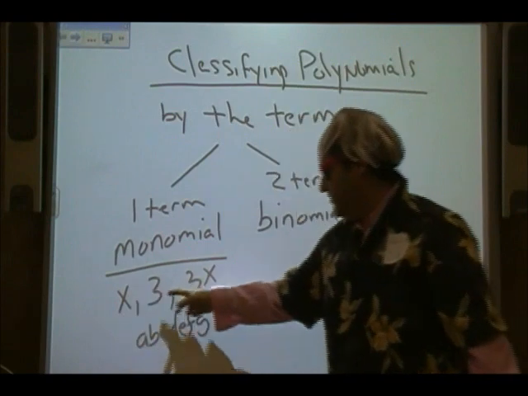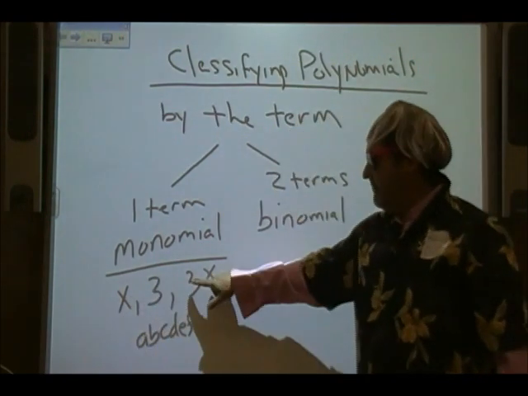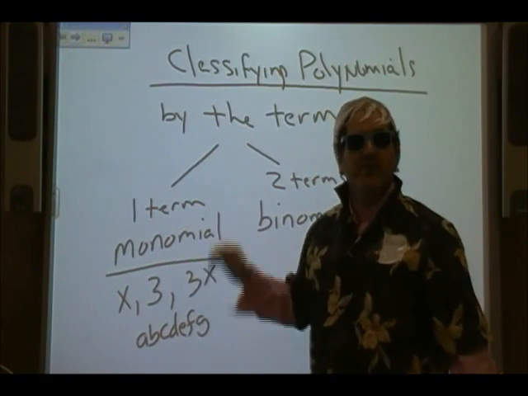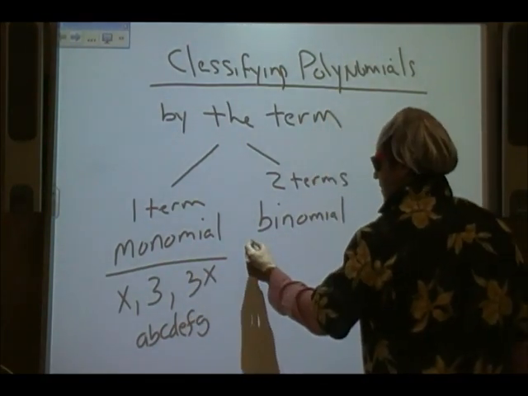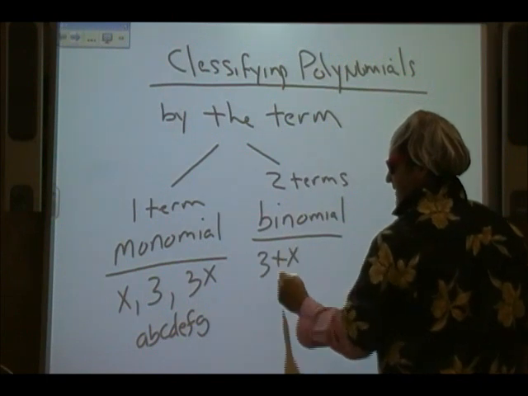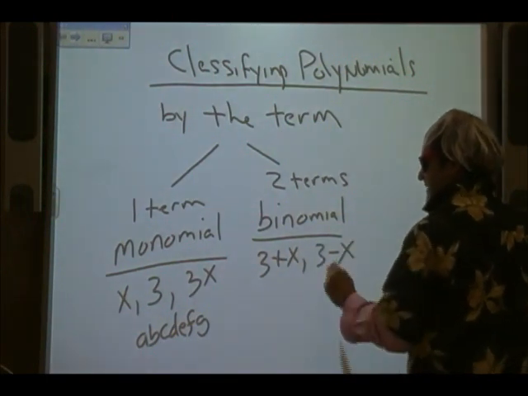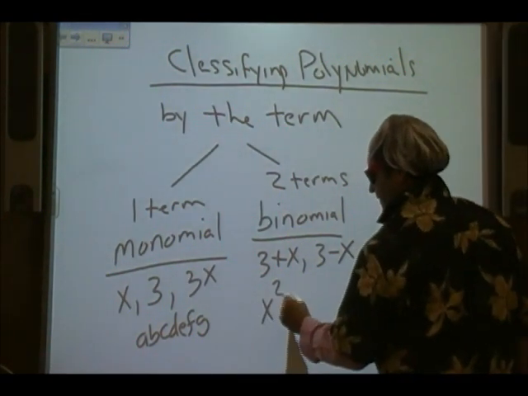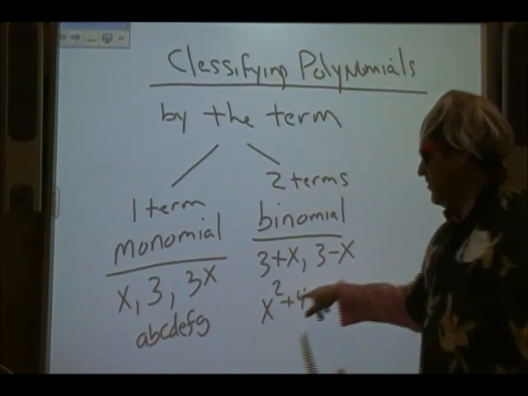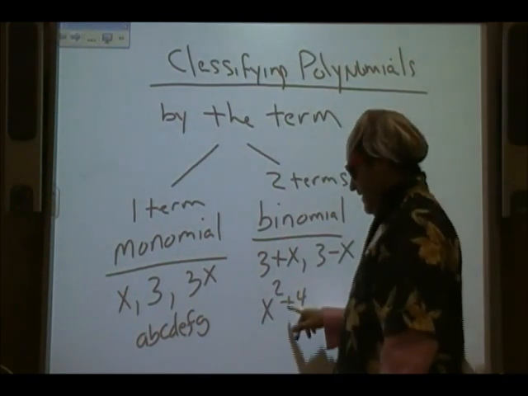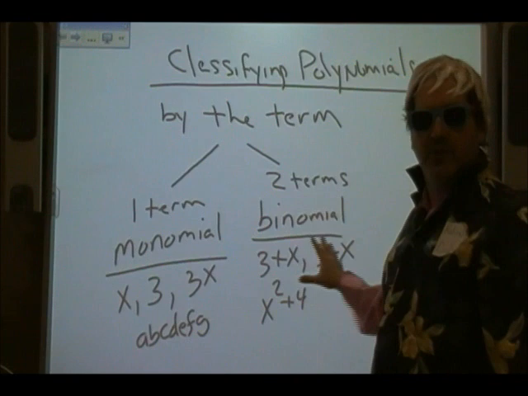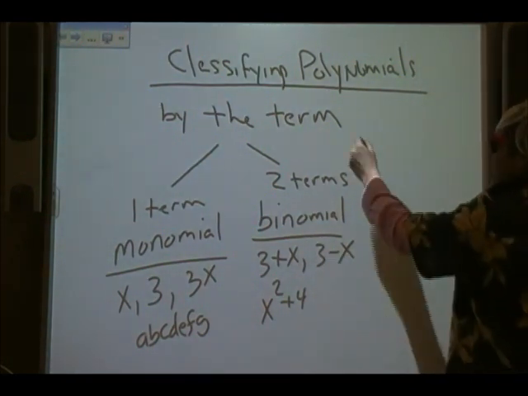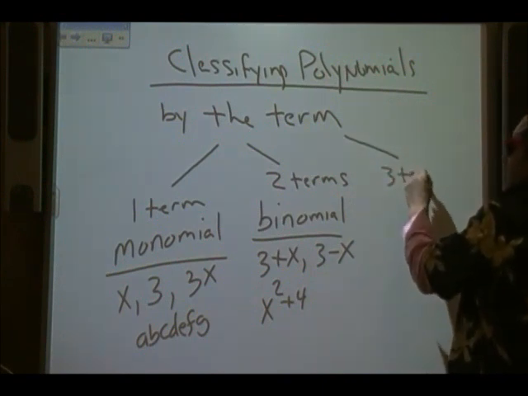So I take these two, like the x and the 3, but I can't make it 3x because that's one monomial. To make it two terms, you have to put a plus or minus. So I can either do a 3 plus x or I could do a 3 minus x. See? Those are binomials. X squared plus 4. Anything with 2 terms, that means you're going to have 1 plus or 1 minus in between.